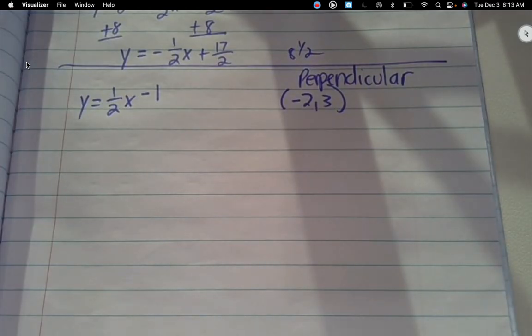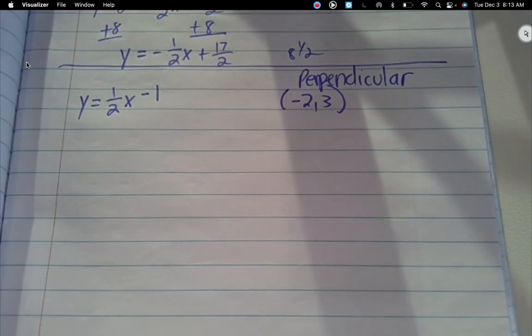Like you'll have to work through it, just like I did that other one. Formula: y minus y equals m, and then in parentheses, x minus x.